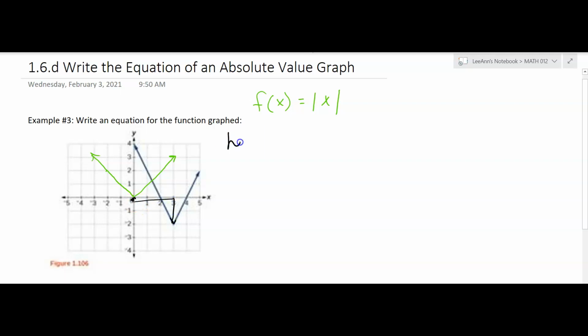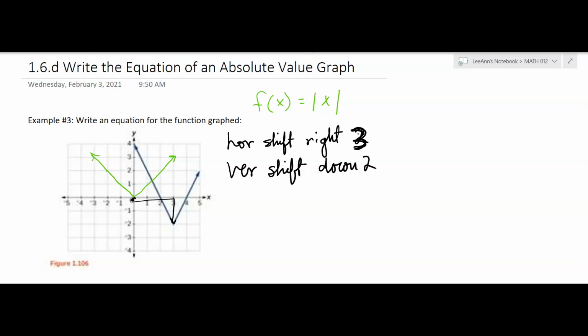So it looks like a horizontal shift, right 3, and a vertical shift of down 2. Sorry, I said right 2 at first, but it was right 3. All right, that just tells you then the horizontal shift and the vertical shift.